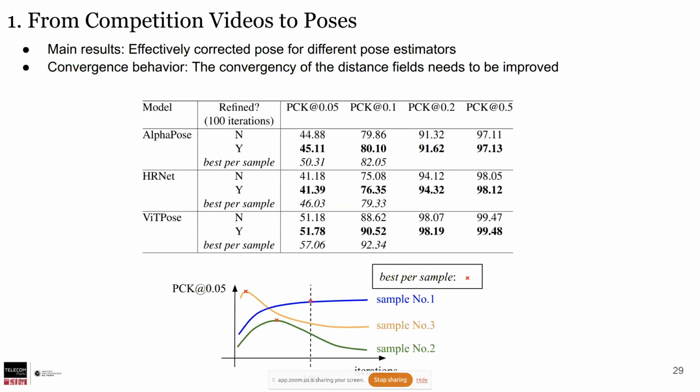So when we only record the performance at 100 iterations, it may not be the best performance ever achieved. So what we do is check the best performance achieved during the iterations per sample and aggregate them. What we see is that the performance gets much better than what we have. So this indicates that we have some convergence issue when we do the correction. That's also a problem of current methods.